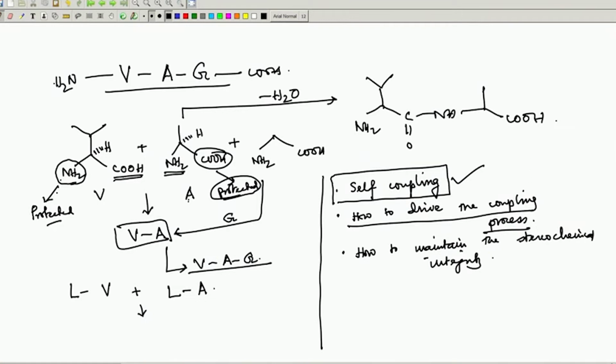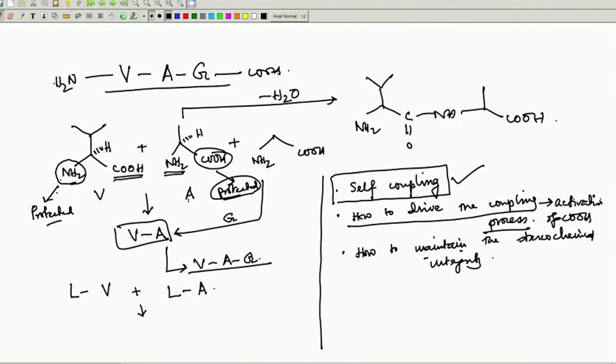That will become COCl. That means you activate the carboxylic acid, and Cl is a very good leaving group. So, now the NH2 can attack the carbon of the COCl and the chloride will leave. So, basically what you need to drive this coupling process is activation of the CO2H group.